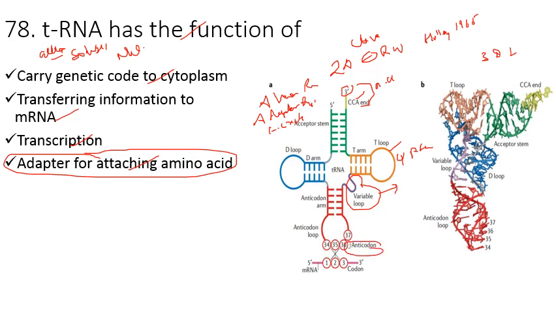It contains the bases which are complementary to the codons present on mRNA, known as anticodons, and these are responsible for the selection of a particular amino acid. Then the D loop and T loop act as ribosome binding sites, and they contain unusual bases.